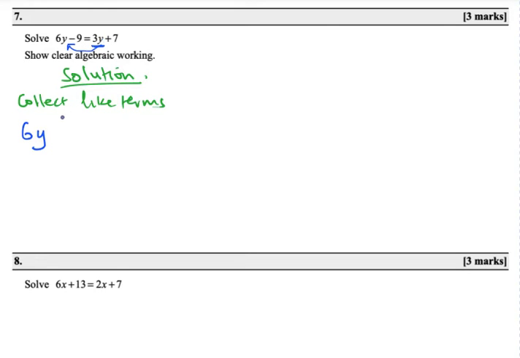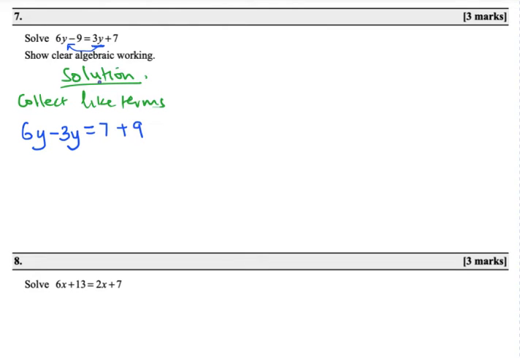They both have a y. Before the 3 starts to move, it was positive on the right hand side. So when it crosses the equal sign, it becomes negative. But look, the 7 stays and the 9 crosses to meet the 7.